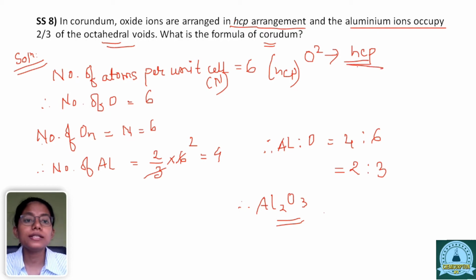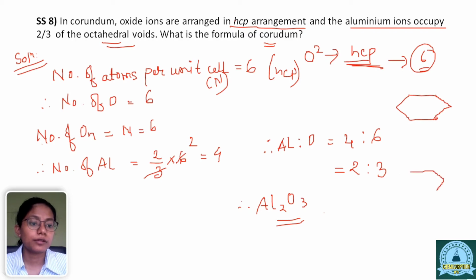Now, how does this HCP have 6 atoms per unit cell? So, the structure of HCP is that we have two hexagonal faces like this. They all are connected. This is the hexagon.